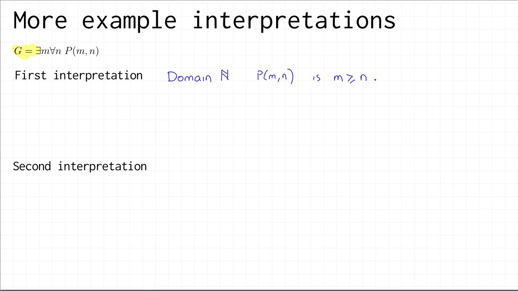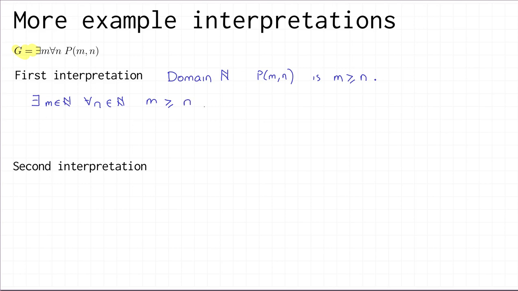So let's write down the interpreted formula. So the interpreted formula says that there exists a natural number m such that for all natural numbers n, we have m being greater than or equal to n.